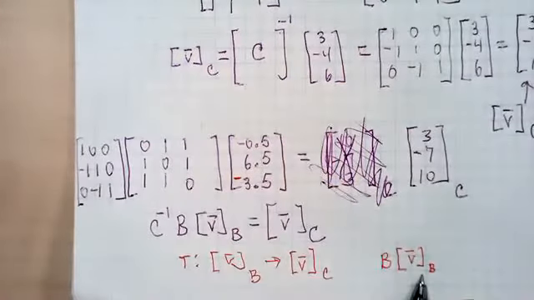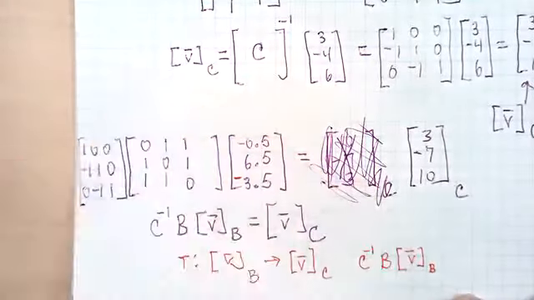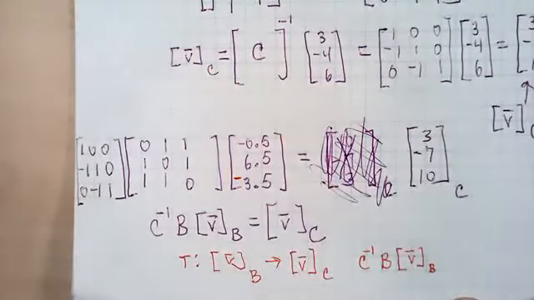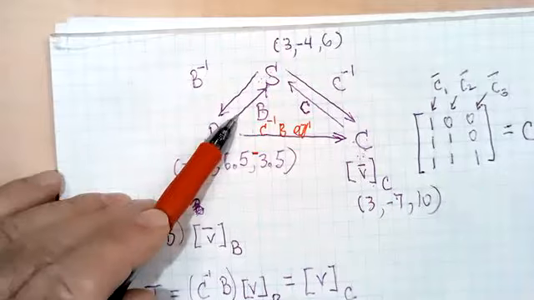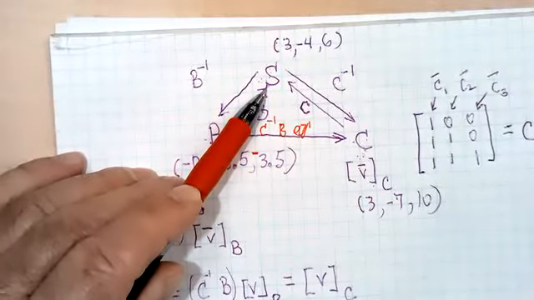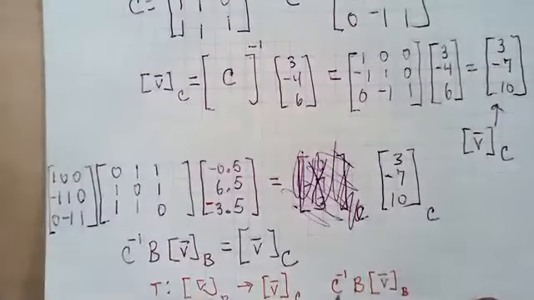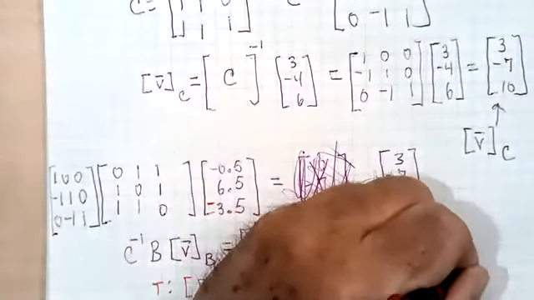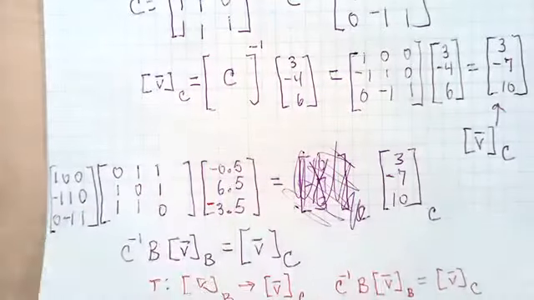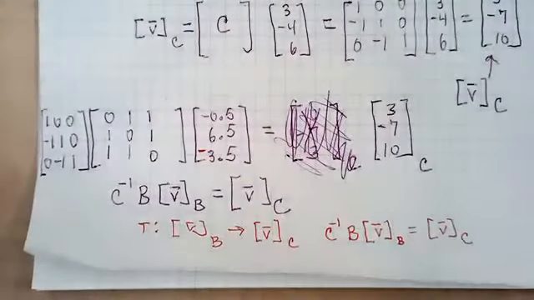That's putting you back to S, the standard basis. And then you multiply by C inverse, and that's putting you back to the basis C. So this is the same as this. Multiply on the left by B, follow that up by multiplication by C inverse, and it will get you to coordinate system C. Okay.